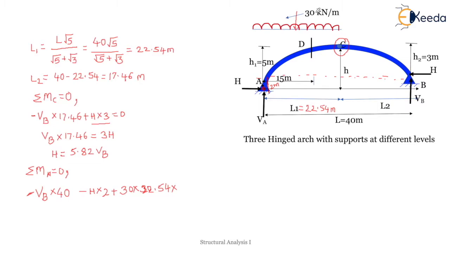So first, 30 into the total length 22.54, and that UDL will act here. For CG distance we have to consider this distance. How much is this distance? This is nothing but half of it, so 22.54 divided by 2, is equal to 0.